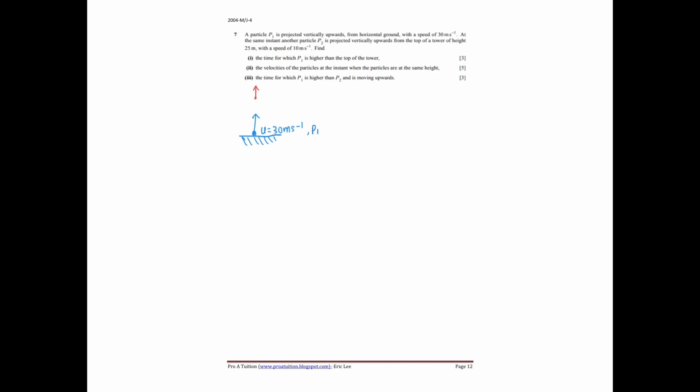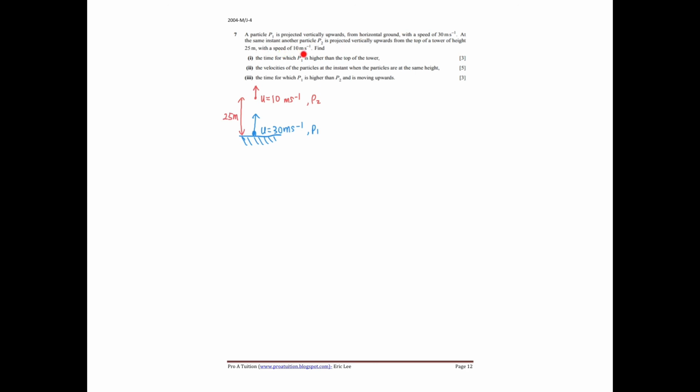This P2 has u equals 10 meters per second, and the initial displacement is 25 meters from the ground.